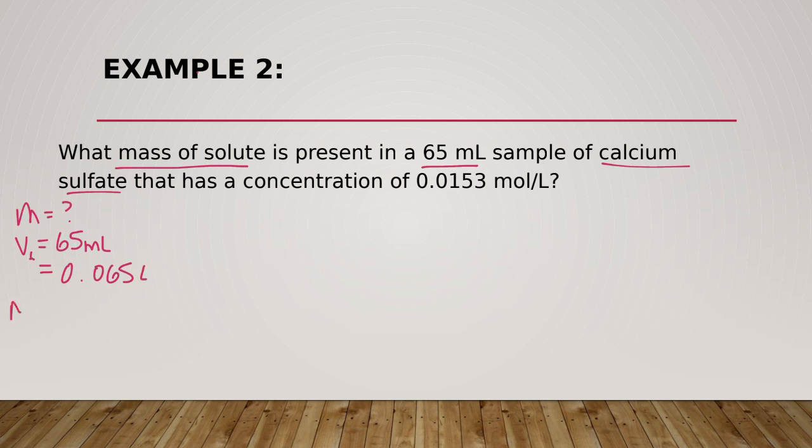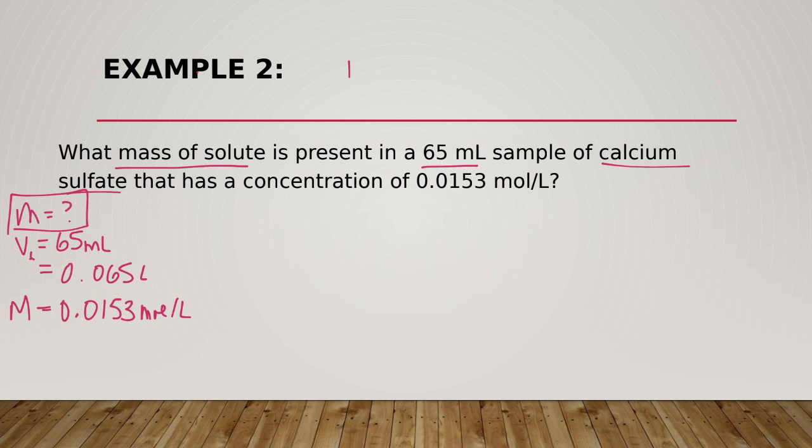And then we know the molar concentration. Watch your Ms, so that you know this is a capital M rather than a lowercase. It's 0.0153 moles per liter. So if I need to solve for a mass, I'm going to have to solve for moles initially, and then convert over to mass.